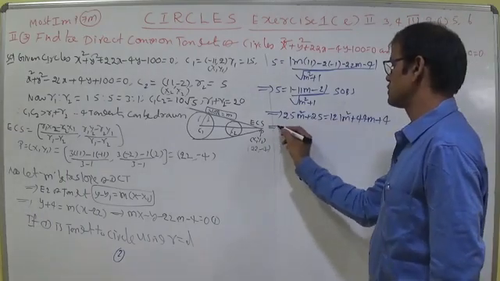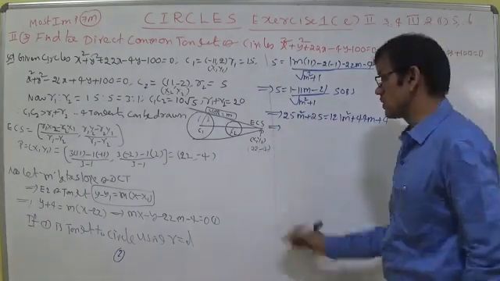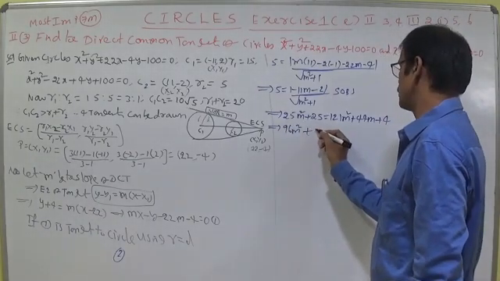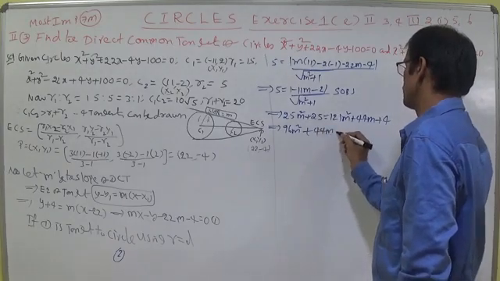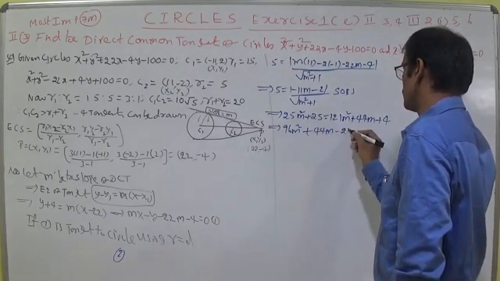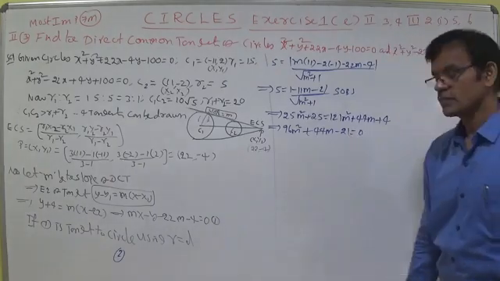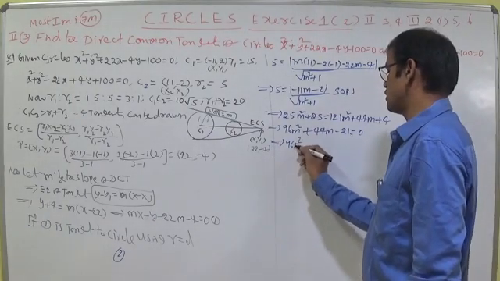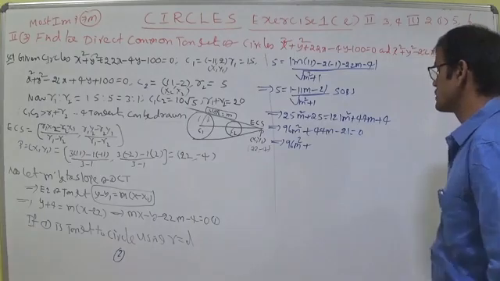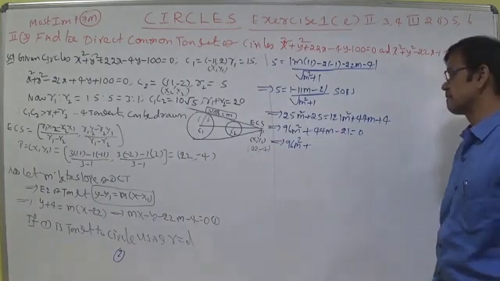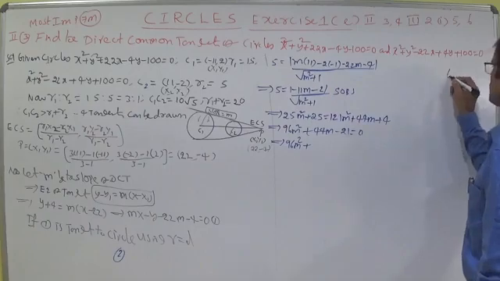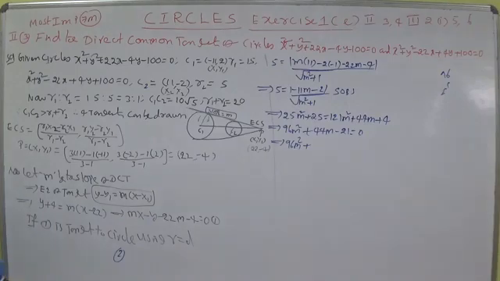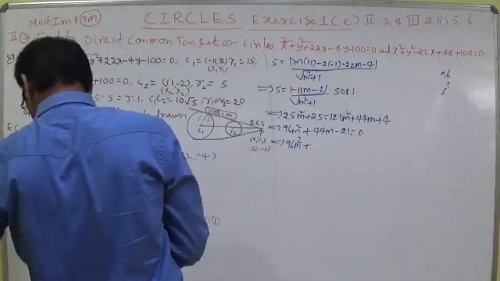That implies 25m square taken this side, it becomes 96m square plus 44m minus 21 equal to 0. By splitting the middle term, 96 into 21 becomes 2016. Let us write the factors of 96 and 21.